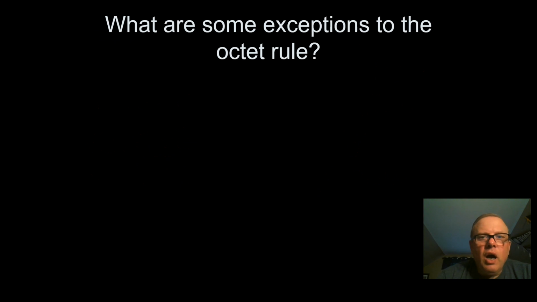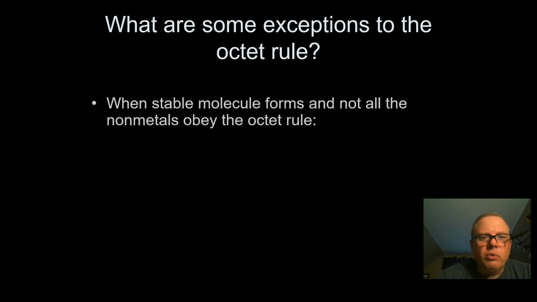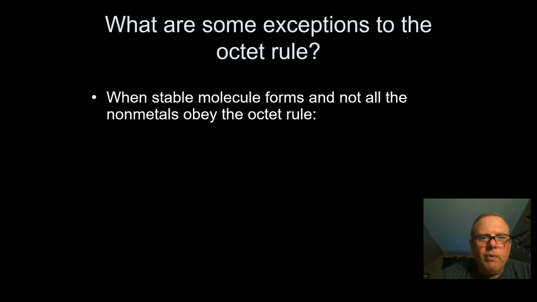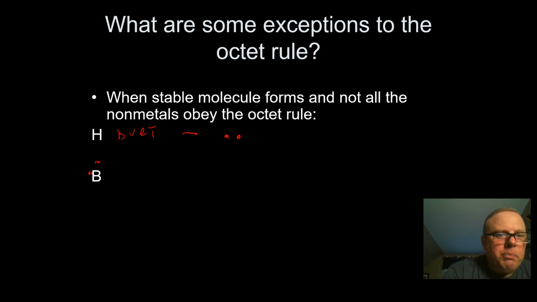Okay. Other exceptions to the octet rule. When stable molecules form, not all the nonmetals obey the octet rule. Hydrogen is one of these things. Hydrogen has the duet rule. It only forms one single bond, which is 2 electrons like that. Boron, as I just said, makes 3 bonds because it has 3 electrons. Phosphorus has 5 electrons, and it's in the third group. And I'm just going to start with this.